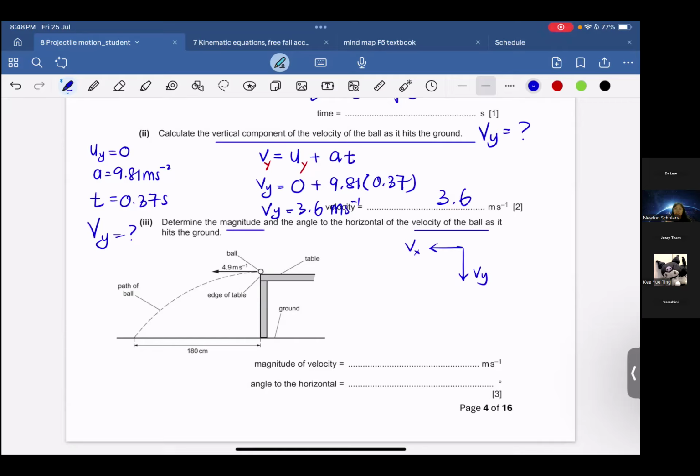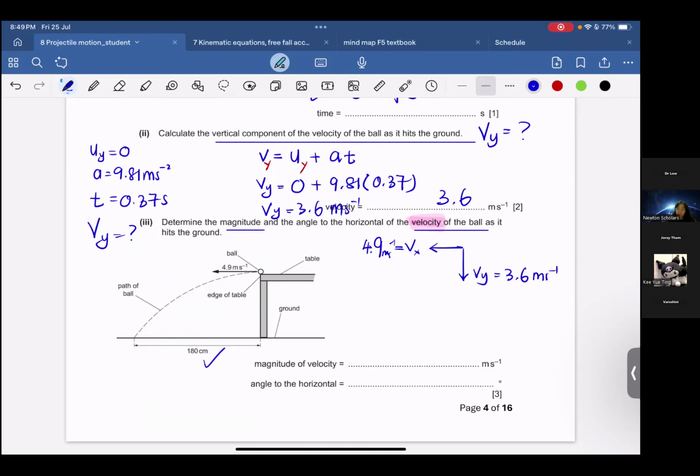We need to find their resultant, since velocity involves two components, x and y. Do you know your Vy? We already counted it: 3.6 meters per second. What is your Vx? Horizontal won't change, it will be the same as the start, so it's 4.9 meters per second.